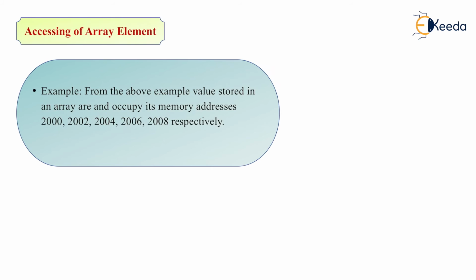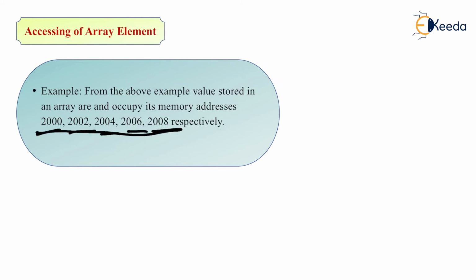Fine. Next. For example, from the above example, the values stored in the array occupy memory addresses 2000, 2002, 2004, 2006 and 2008 respectively. Now how do you know that it is 2000 and 2002? Because you should know that 2 bytes of data are required, since it is an integer type of data. So the first 2 bytes are for the 12, then the next for the 45, the next for the 59, and so on. These are all random values.